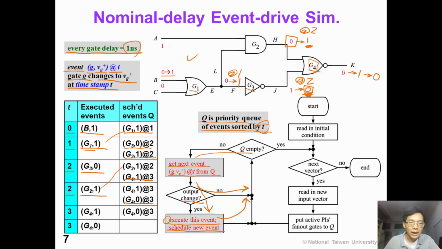Then at timestamp 3, we pop out the first event out of the queue, and we execute this event at time 3, and then we execute this event at time 3 again.